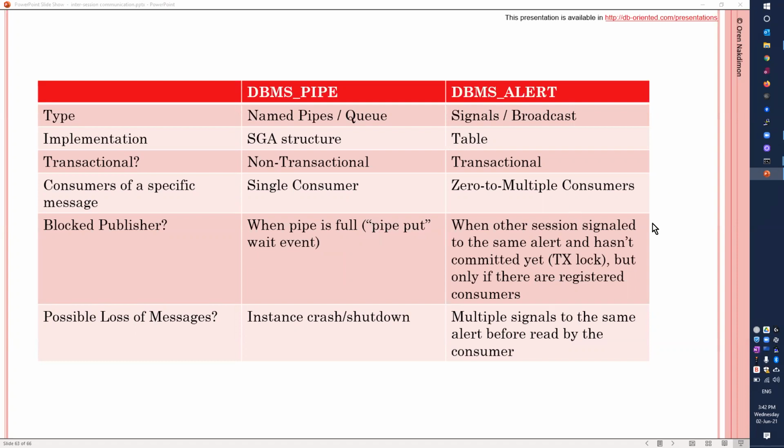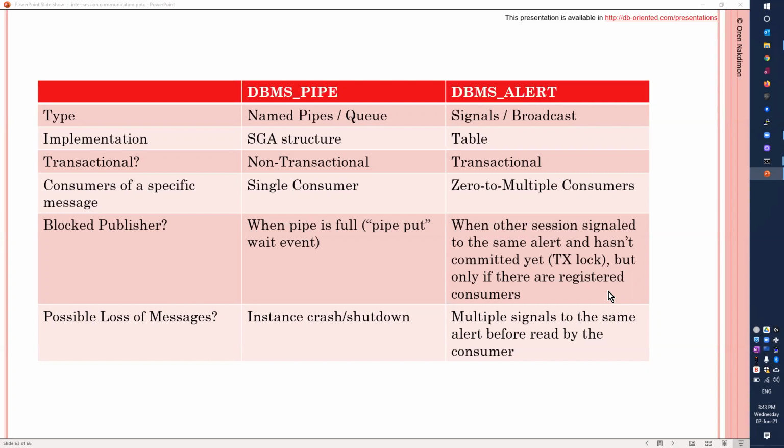With DBMS_ALERT, because it is transactional, there is a risk here that we need to be aware of. If one session sends a signal to an alert and doesn't commit yet, and another session wants to send a signal to the same alert, it has to wait. This is a regular row lock, TX lock.